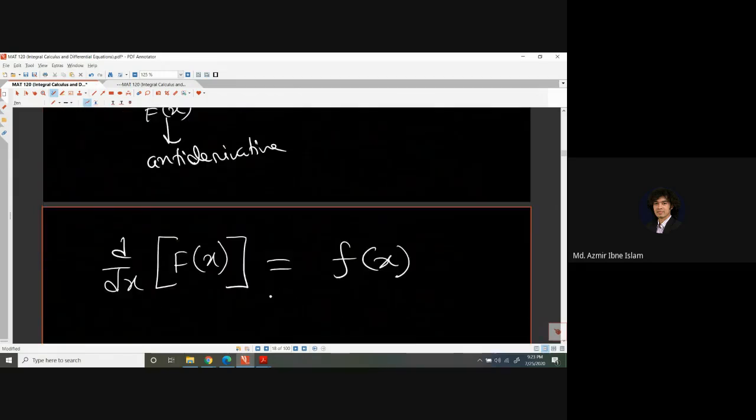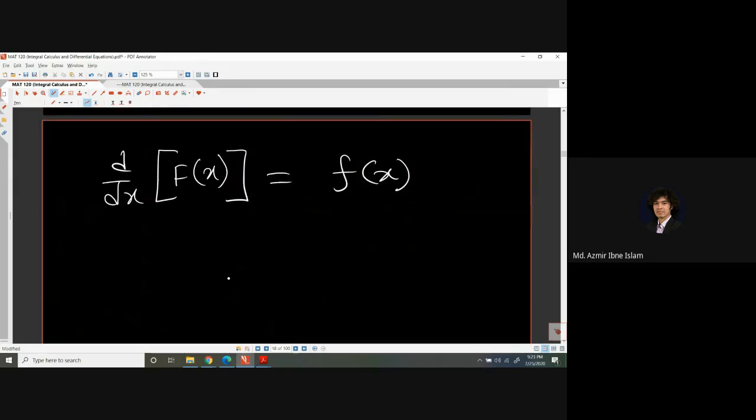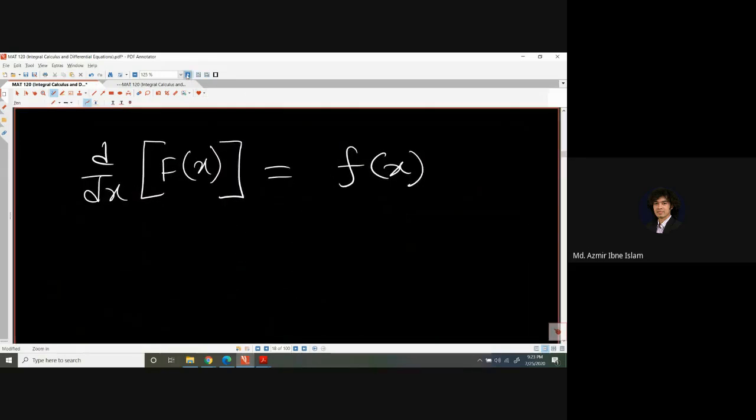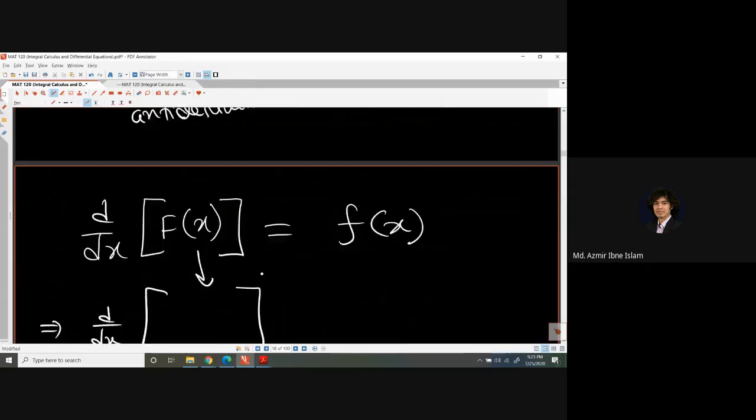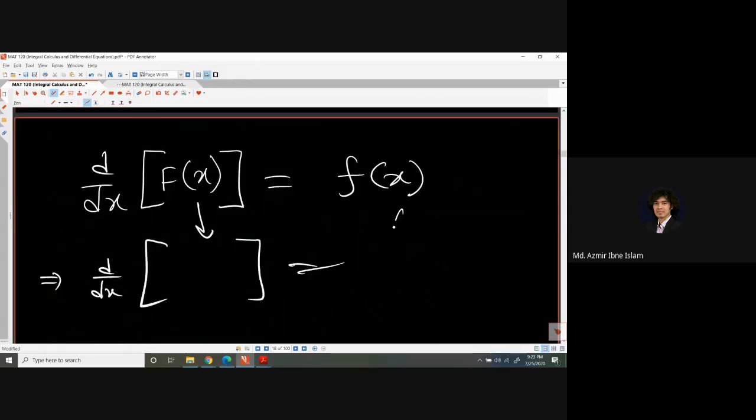So we need to verify this one, because without this concept some parts of integral calculus will be missing. Okay, so that means you need to feel the fact. So let's differentiate the antiderivative function, and we want to verify whether the main function is coming back or not.